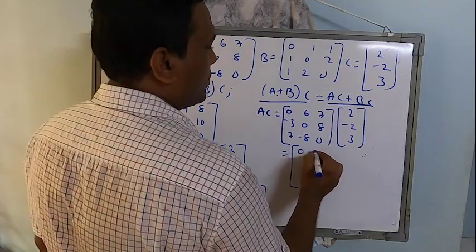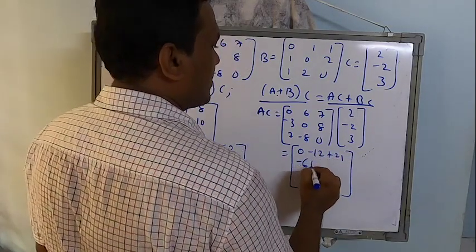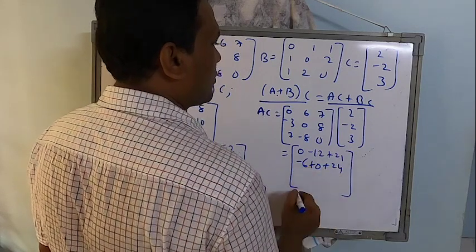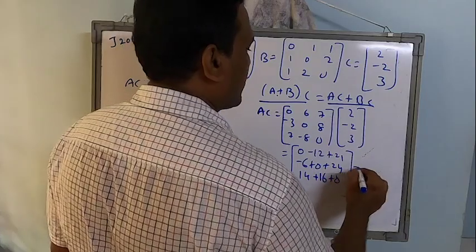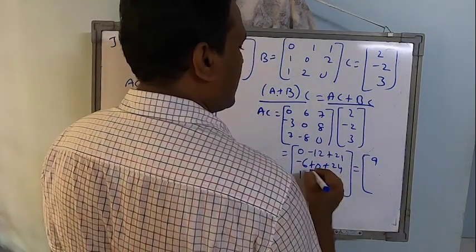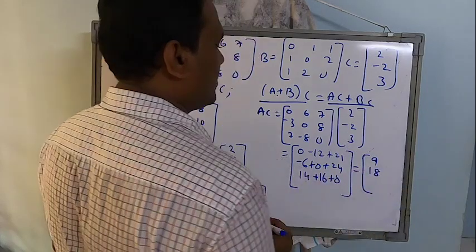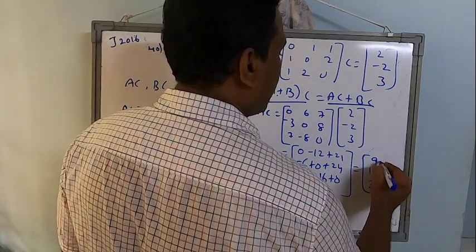So it's going to be 0, -12, plus 21. Okay. The next -6, plus 0, plus 24. The next 14, plus 16, plus 0. So let us simplify. So it's going to be 9 and it's going to be 18. That's fine, right? 18, and the next one is going to be 30.